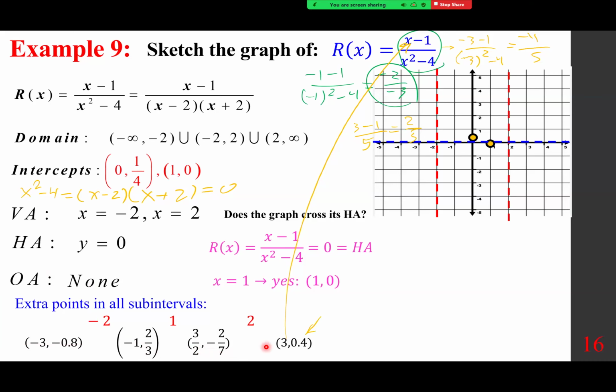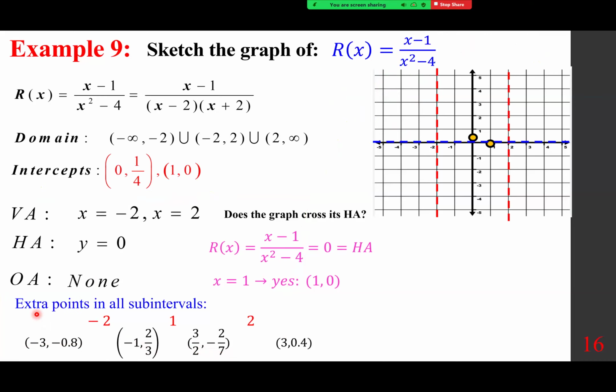Let's erase this. What we really need, class, is a point on the left side and on the right side, because in between these two, it looks like this. In here, you have either this one or this one of the two. So let me actually graph both of them.